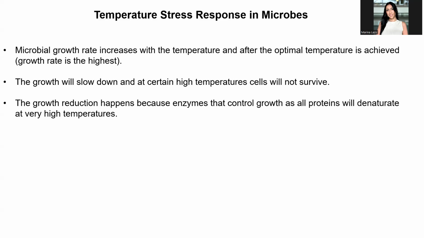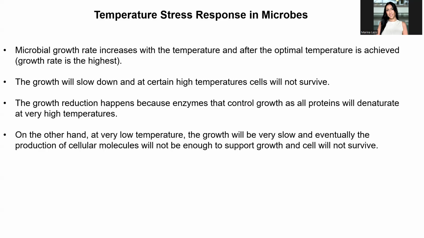Why can't the cell survive when the temperature goes above optimal? Because the enzymes that control growth are proteins, and they tend to denature at higher temperatures. On the other hand, at lower temperatures, growth rate will also slow down. After the temperature decreases below the optimal temperature, the growth will slow down, and eventually the production of whole molecules will stop and the cell will not survive.